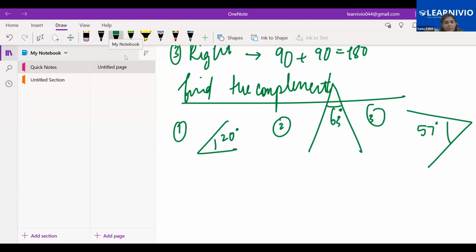Ma'am, first one is 120 or 20? Ma'am, you're mute. Oh, I was saying first is 20, the second is 63, and the third is 57.